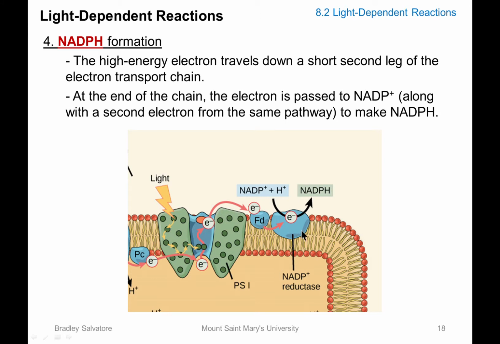This is an enzyme that will catalyze the reaction of NADP plus with an additional hydrogen ion to convert that into NADPH. And this NADPH and the ATP that you made before in the electron transport chain and chemiosmosis, you will use that for making glucose molecules in the light independent reactions, or the Calvin cycle.